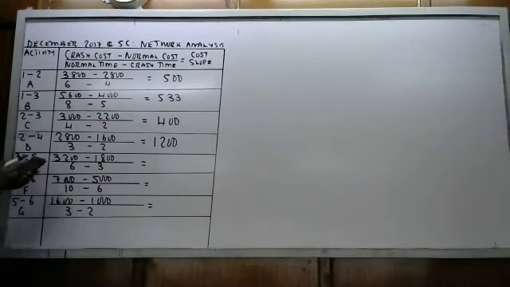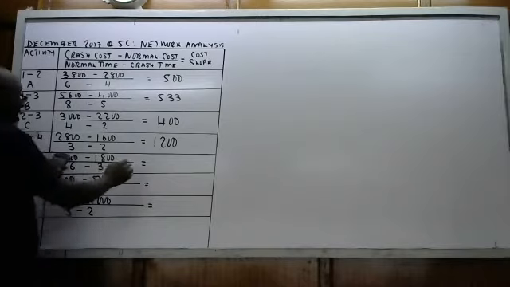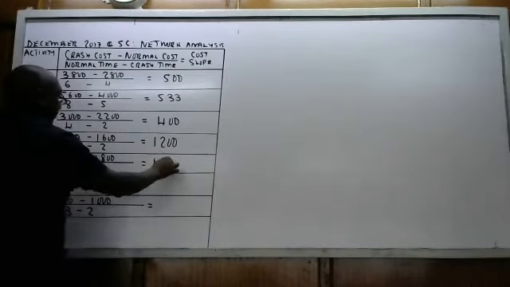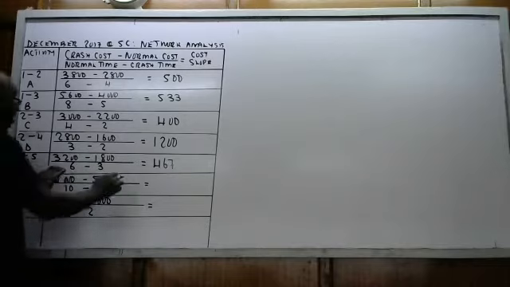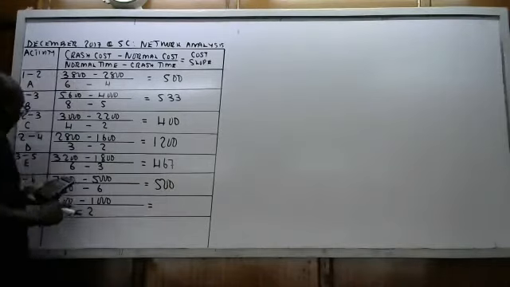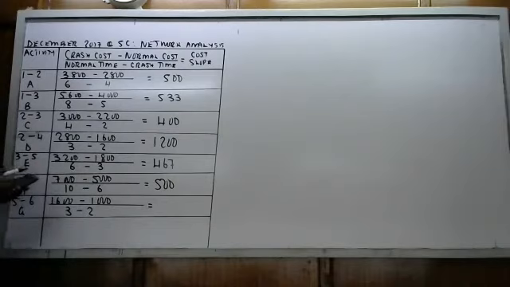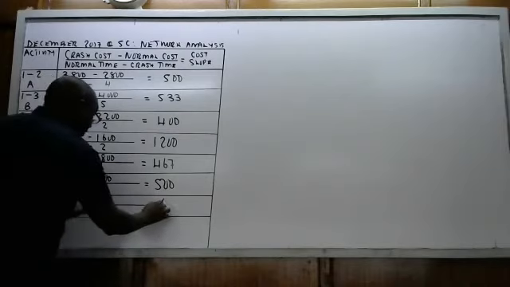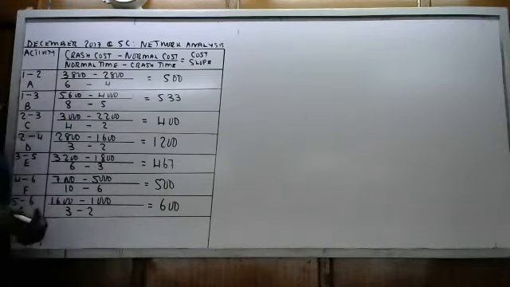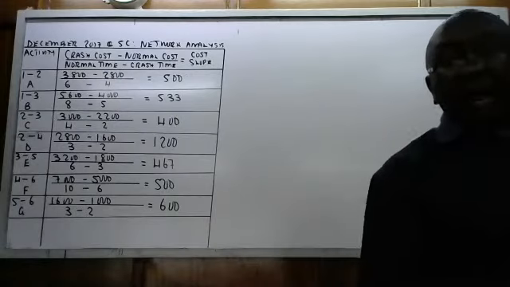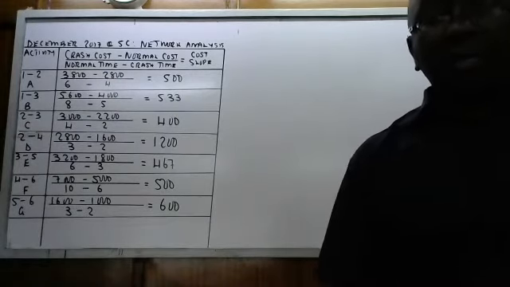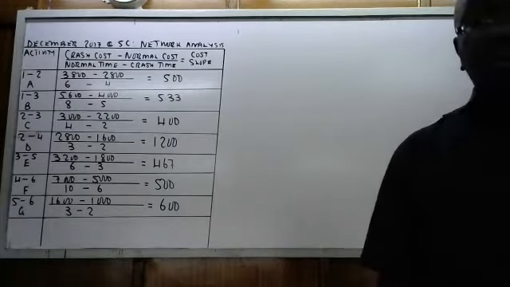Then that's 3,200 minus 1,800, you divide by 3, is 467. 2,000 divided by 4 is 500. Then 600. So that is what I have. If you are in agreement, write and let me know whether you agree.